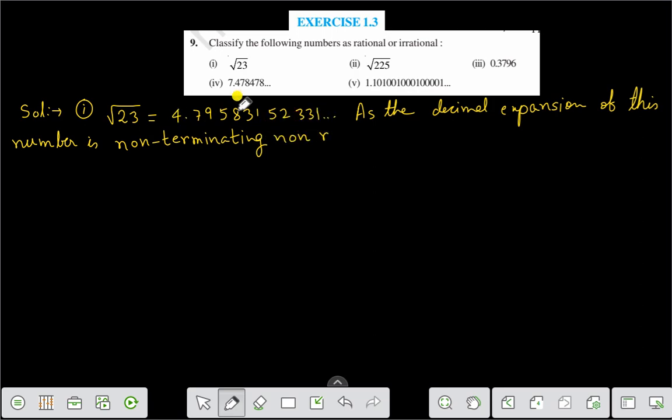You see, there is nothing repeating. Non-recurring. Therefore, it is an irrational number.